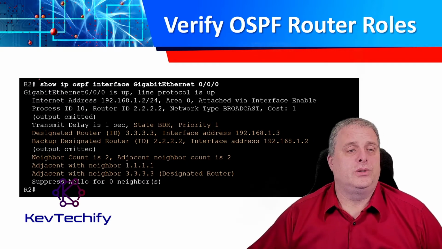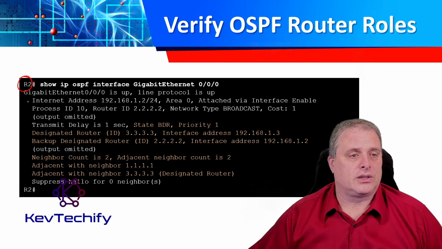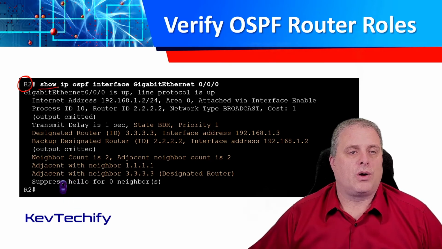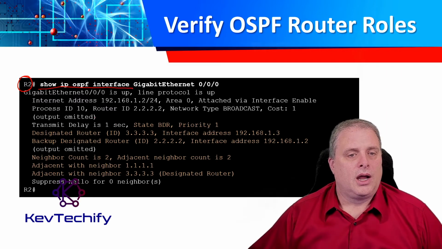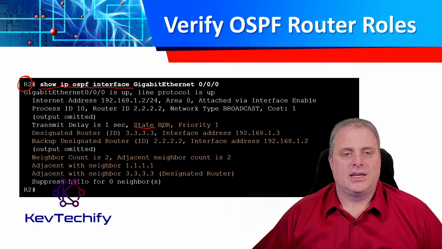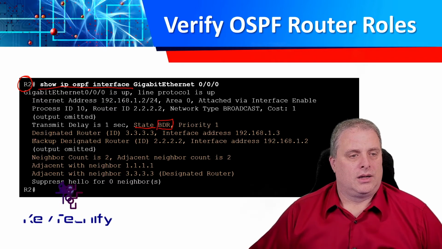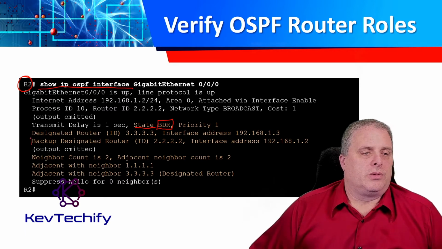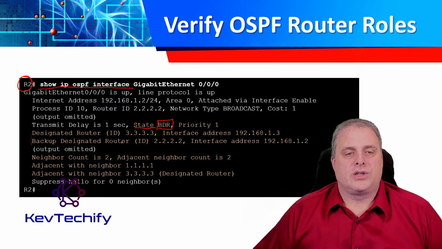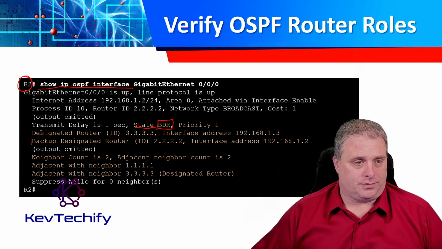On R2, we're on R2 here. That's the second router. We do our show ip ospf interface. We have all of our information here. Coming down here, we can see that our state is our backup designated router, our BDR. Then we get the results of the election here. We're going to state who's our designated router, who's our backup designated router.